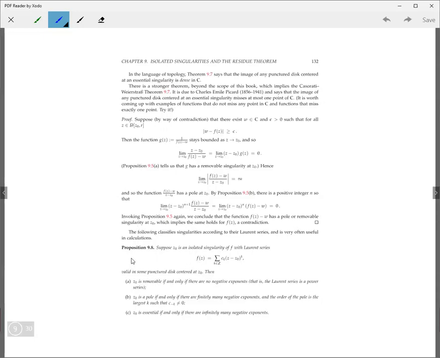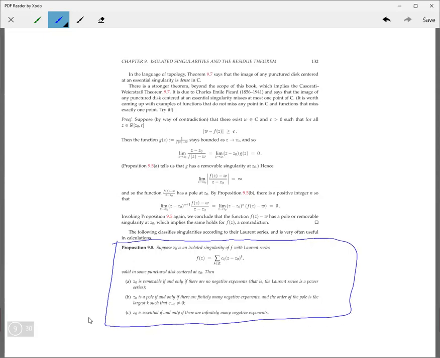So this is really important. If you have a removable singularity, first of all, it's removable if and only if there are no negative exponents. And so the Laurent series is actually a Taylor series or a power series. Okay, so no negative exponents. That's if and only if it's removable.